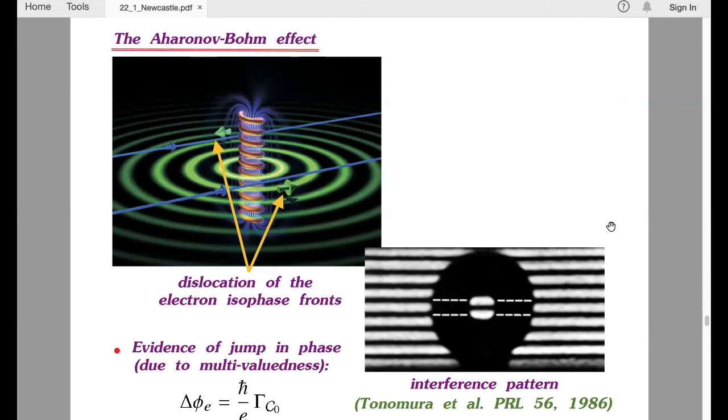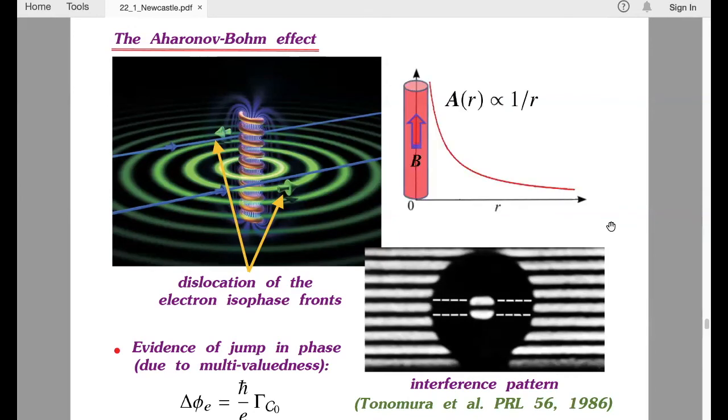These effects can be measured by a difference in phase, and the jump in phase is given by the circulation and these constants, the Planck constant divided by the electron unit charge. Let me stress again, because of the analogy that I pointed out, that the potential, like the velocity, goes like 1 over r.